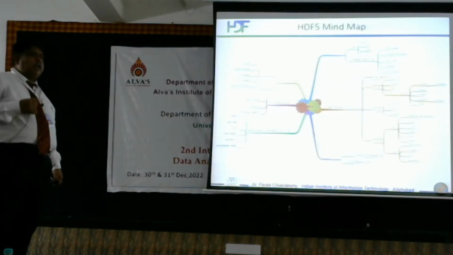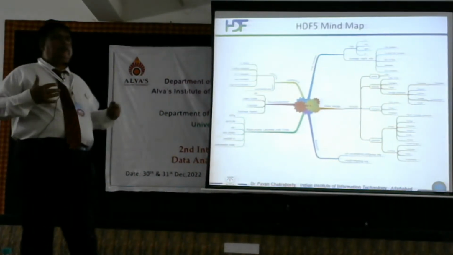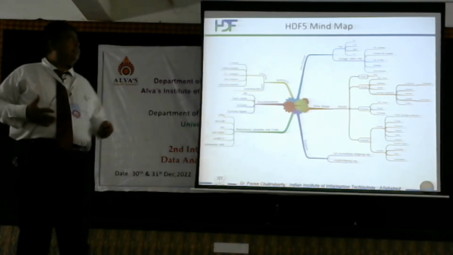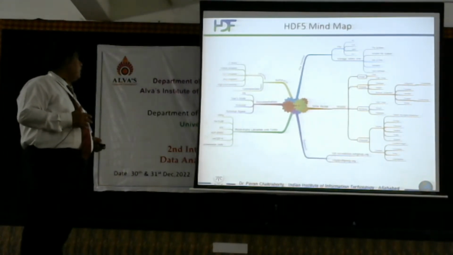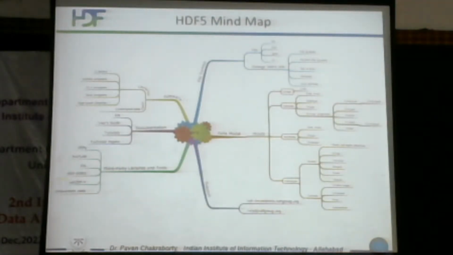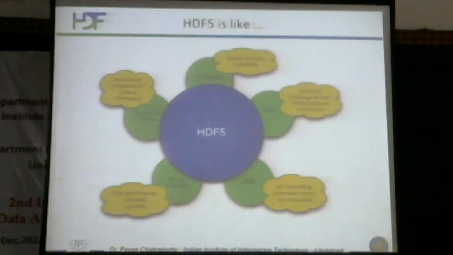Well, now there are different algorithms or different ways of representing the data. This is an HDF5 mind map. Similarly, this is one of the recent methods used by NASA and biological sciences for storing data, where different multi-dimensional data can be stored in this manner.